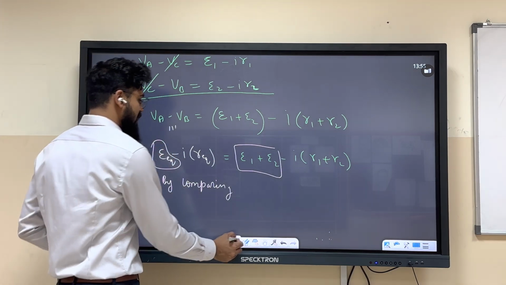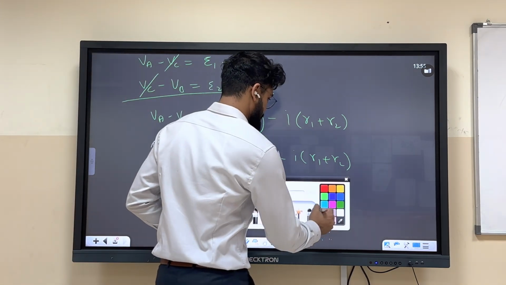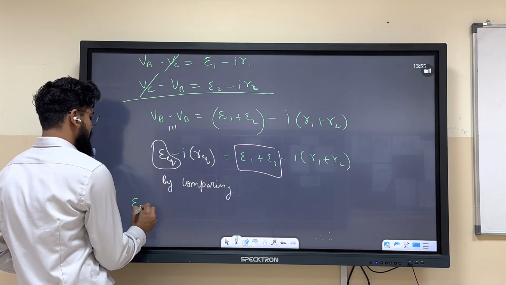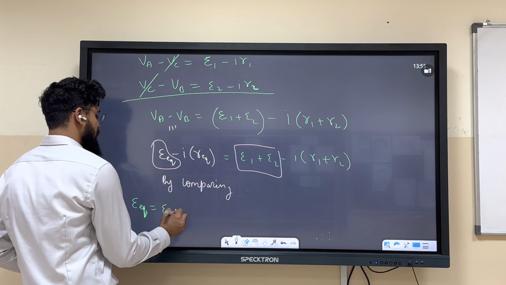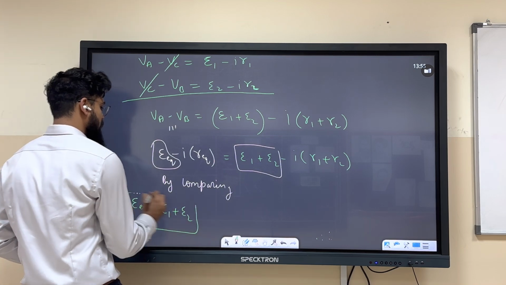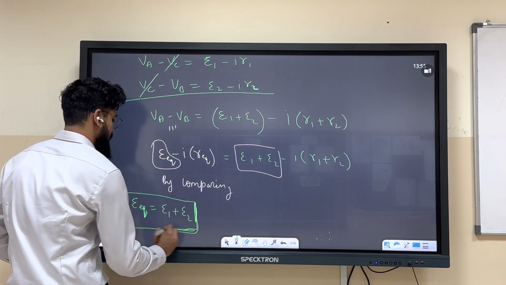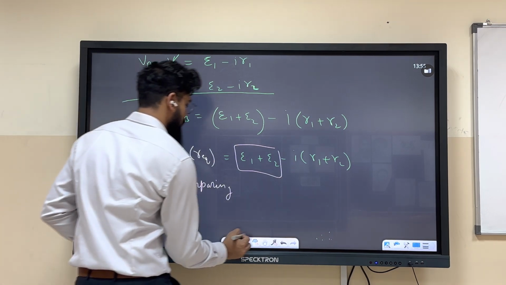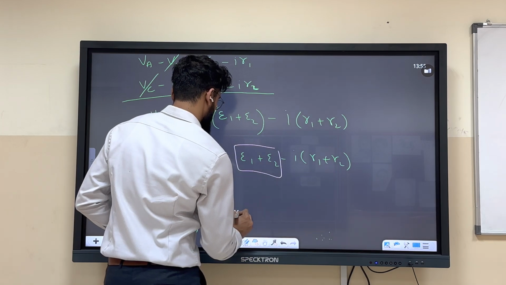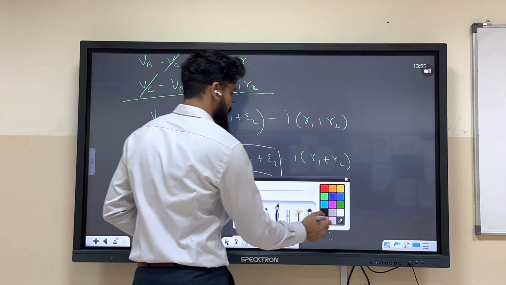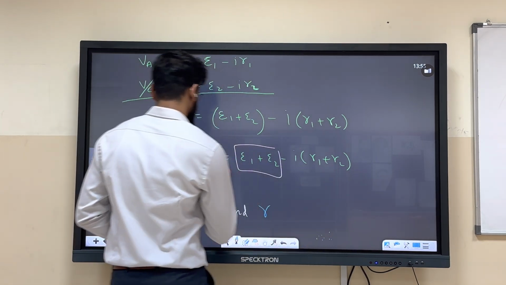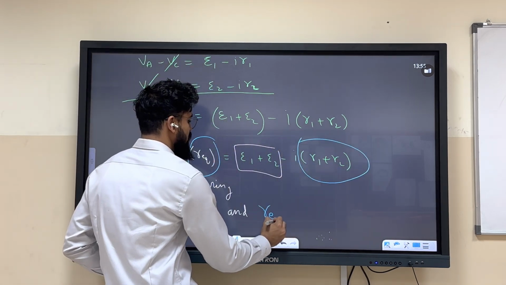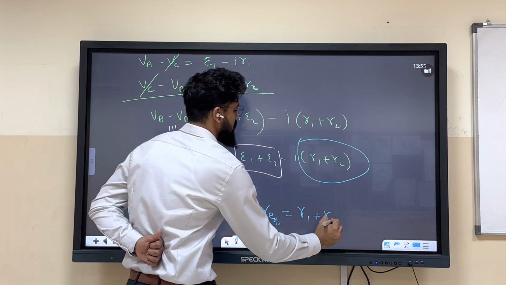So we can write E equivalent equals E1 plus E2, and R equivalent equals R1 plus R2.